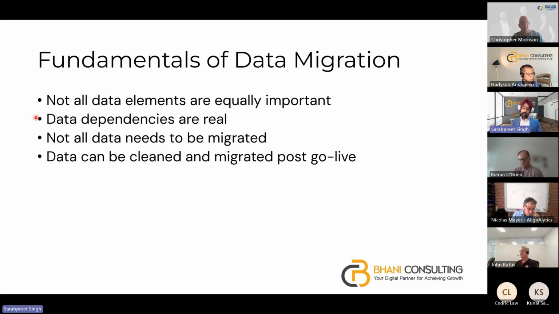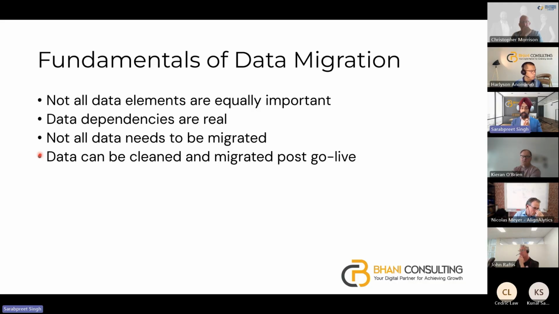Then we move forward and say data can be cleaned and migrated post go-live. This is very common. We see assets data, when we go live, if it is not close to the financial end, the assets data is cleansed and migrated after go-live. Month end can be similar.